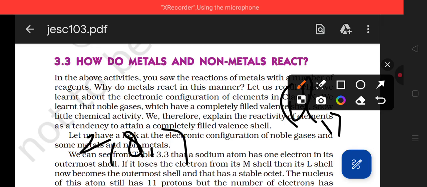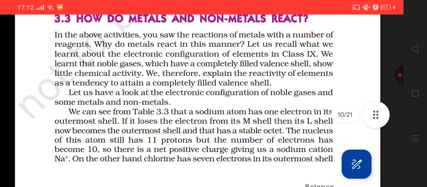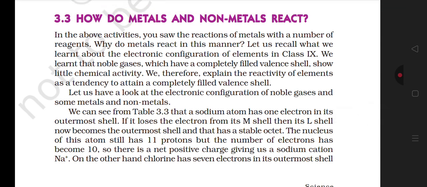If one electron would be there, it will form 2, 8, 8, which would be 18. Right now it is 17, because 2 plus 8 is 10, and 10 plus 7 is 17, isn't it? So that's why chlorine needs one electron. What exactly happens and how it happens, we are going to read.